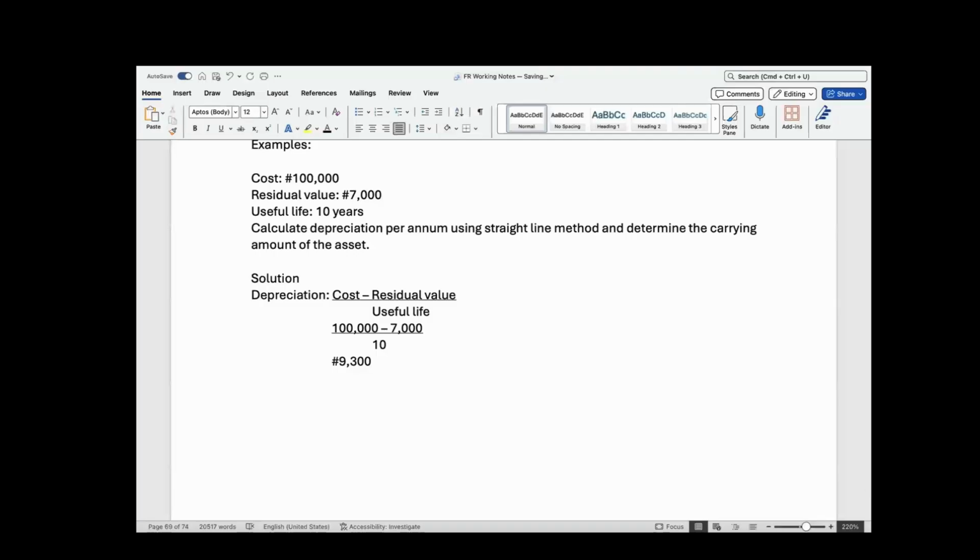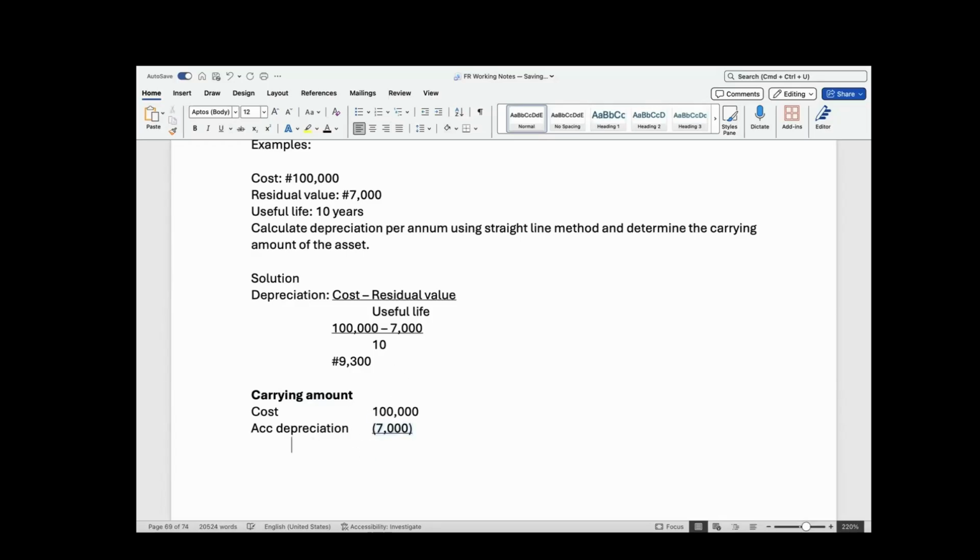With this 9,300, I'm asked to determine my carrying amount. My carrying amount, like I've mentioned, using cost model, is cost, which is 100,000, minus accumulated depreciation, which in this instance is 9,300.